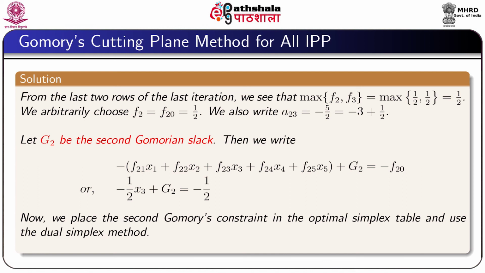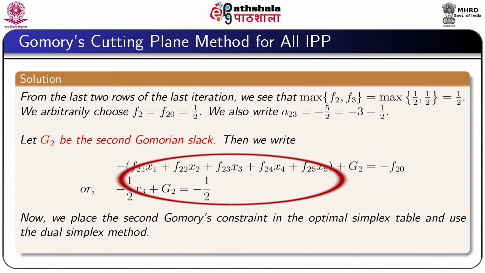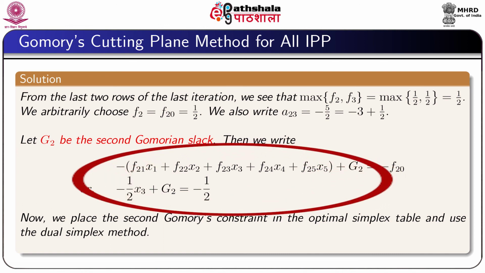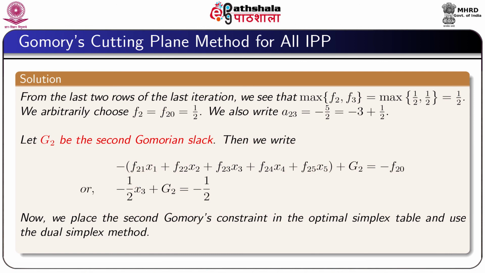Let G2 be the second Gomorian slack, then we find the Gomorian constraint as minus half x3 plus G2 is equal to minus half. We now place this second Gomory constraint in the optimal simplex table and again we use the dual simplex method.